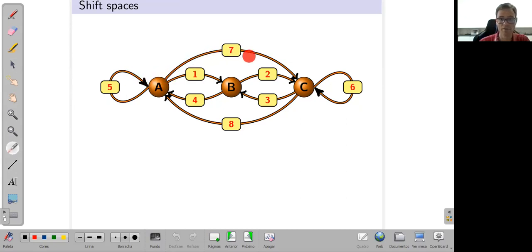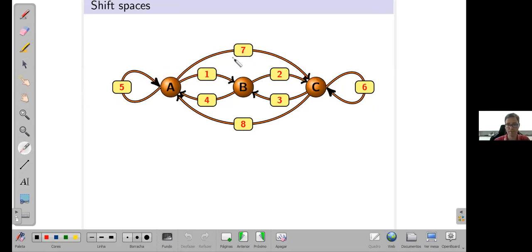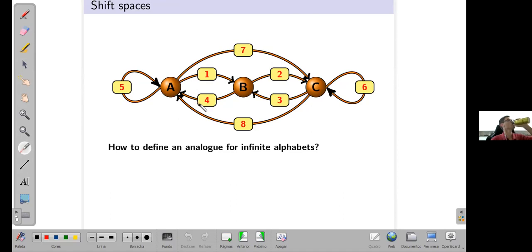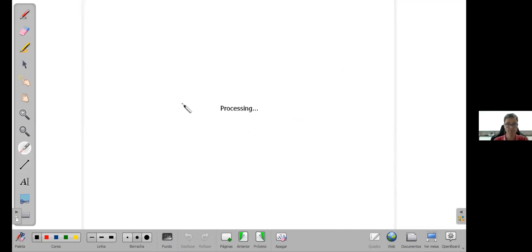Yeah. So our space is all the infinite paths. For example, 7 can be followed by 6, followed by 3, followed by 2, and so on. So the question is how to define an analog for infinite alphabets. Let's say we have an infinite graph. How can I define an analog of all of this that I showed you to an infinite graph?